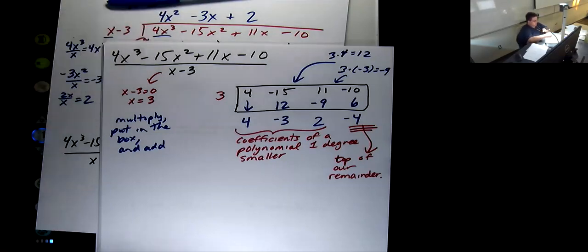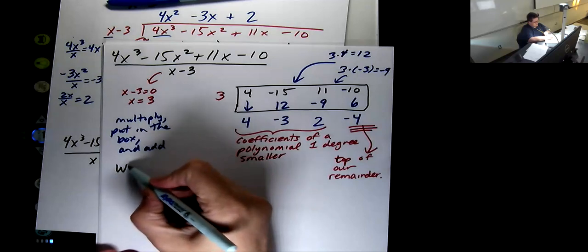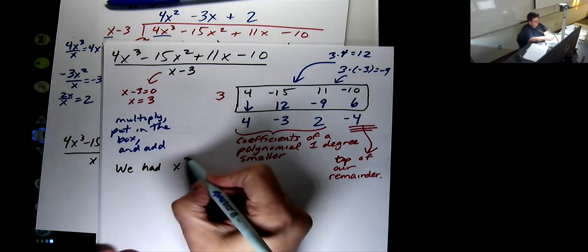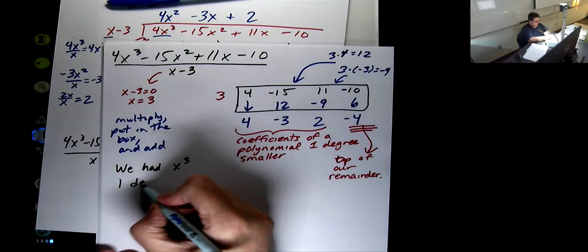So we had x cubed. 1 degree smaller is x squared.